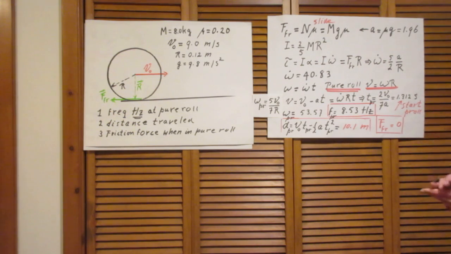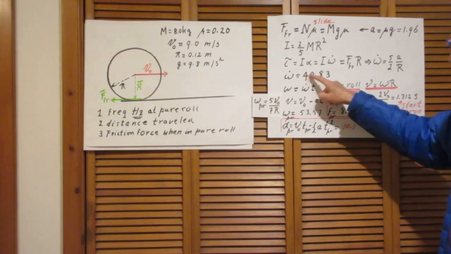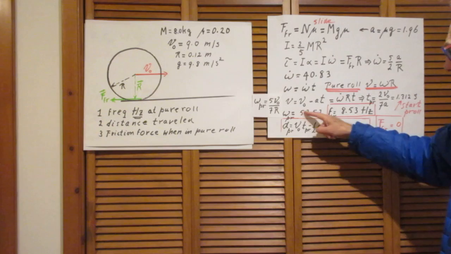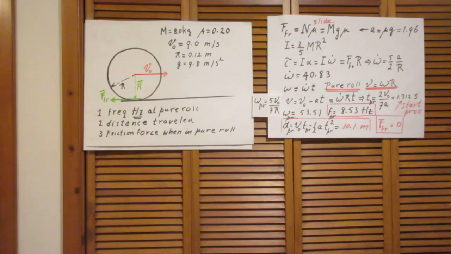So now we're almost done, because we can now calculate what omega at pure roll is. You can do it in two different ways. You can either take this number 1.312 and multiply that by this 40, that will give you 53.57 radians per second.